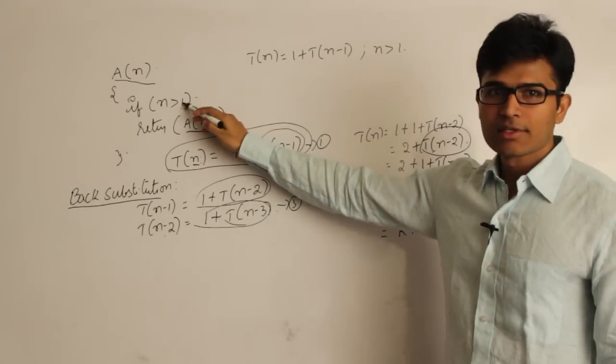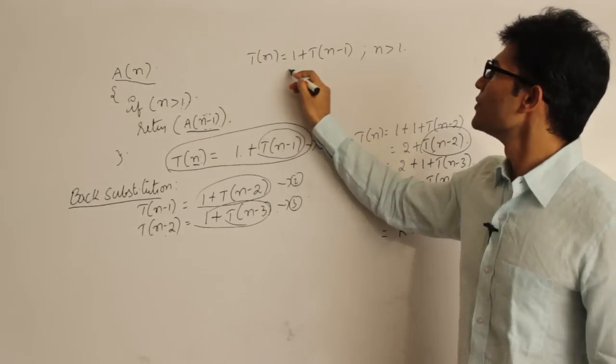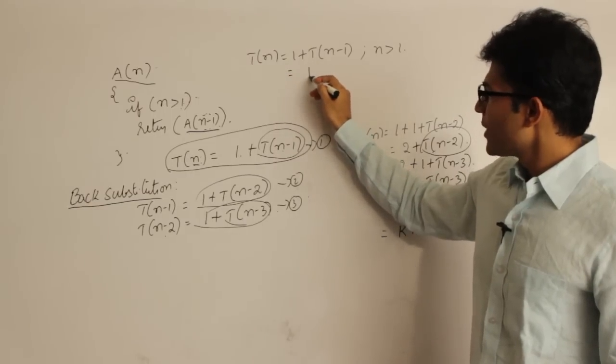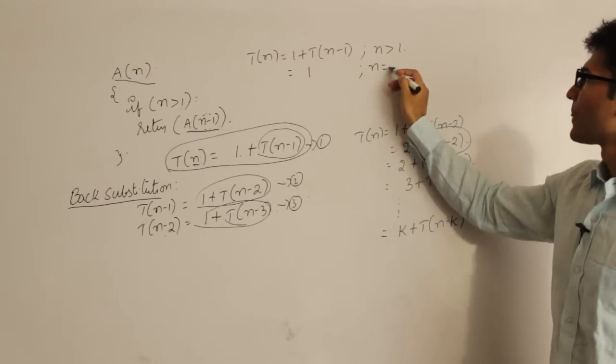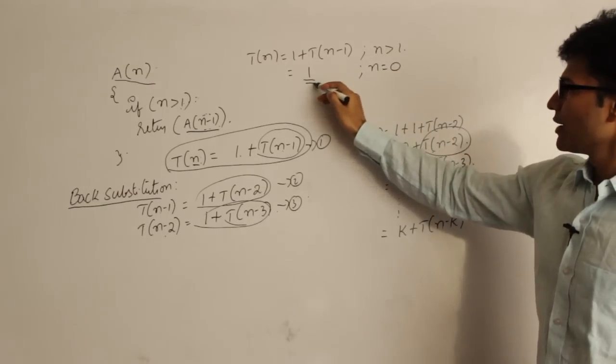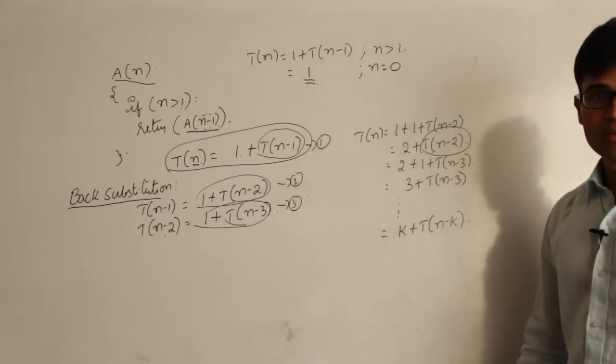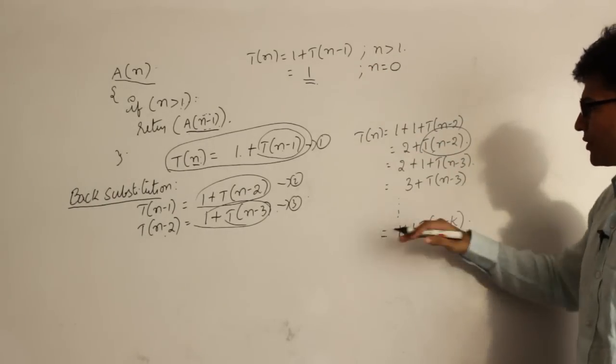Whenever it reaches 1, we are simply going to stop, which means we will just do the comparison, and whenever it is 1, we stop. This is called the anchor condition, base condition or stopping condition, which stops the recursion.